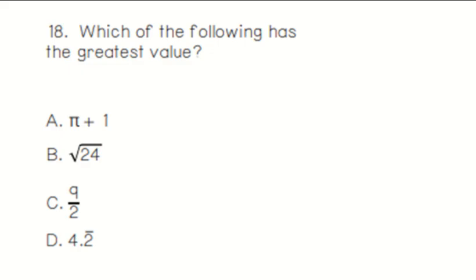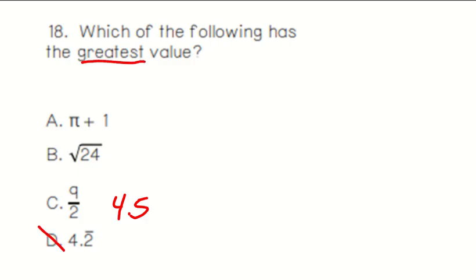All right, now we just need to figure out which one has the greatest value. So let's start with probably, or hopefully, the easiest. What's 9 divided by 2? 4.5. So we're looking for greatest value. That one's 4.5.